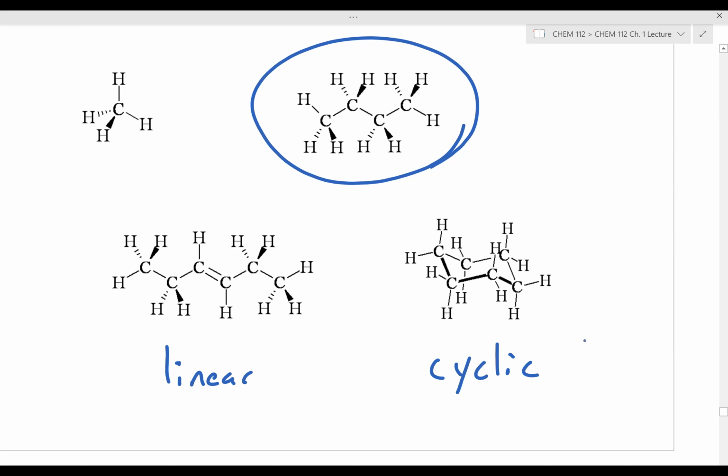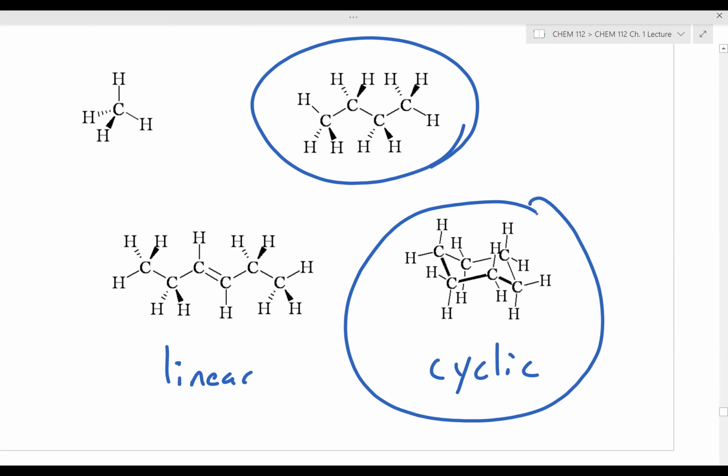And in general, where do we observe larger boiling points? Linear or cyclic structures? Cyclic, okay. Perfect. Any questions on London forces and factors that affect the strength of London forces?